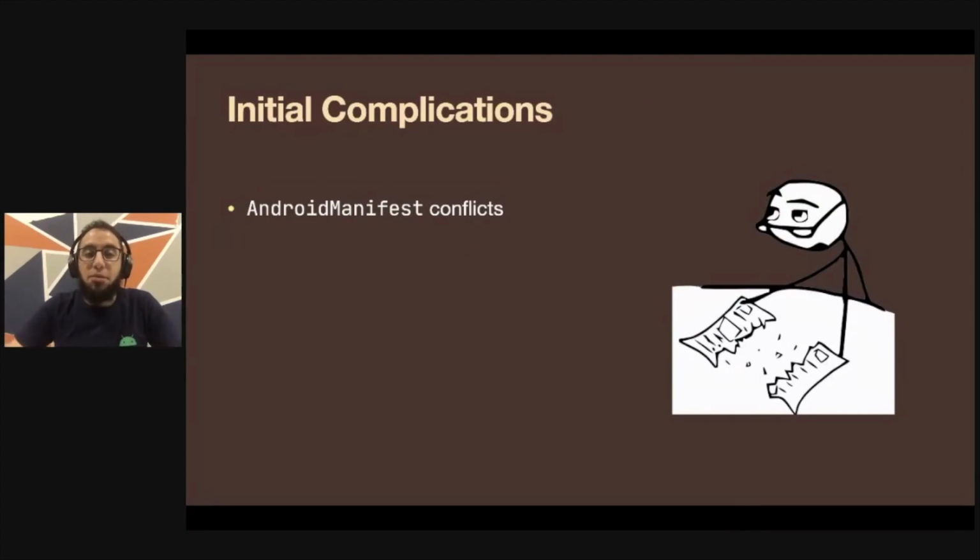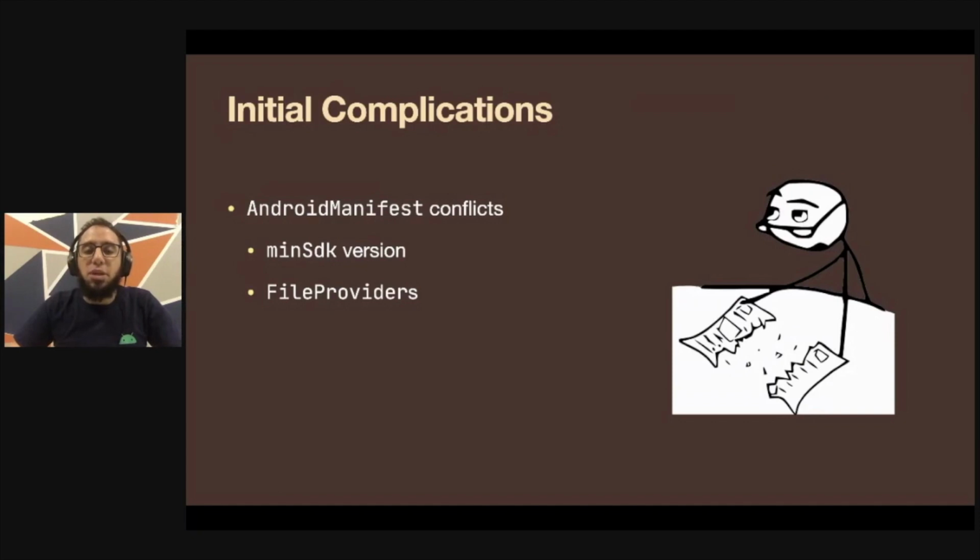So first and foremost, Android manifest conflicts. It turns out that because the ride-hailing app is much, much older than the food app, the MinSDK version on that was MinSDK 16. Whereas the food app, being newer, was targeting 21 and above. So that was the first problem we ran into.